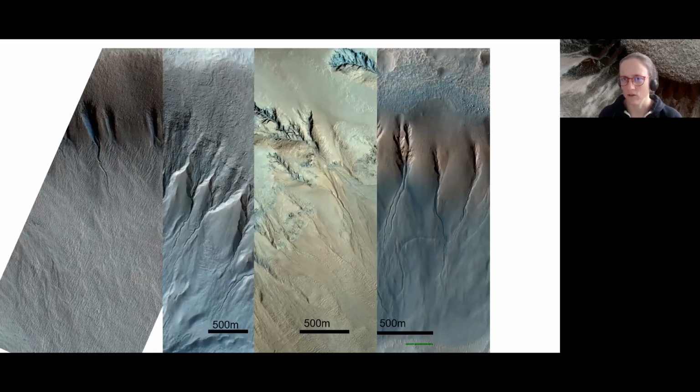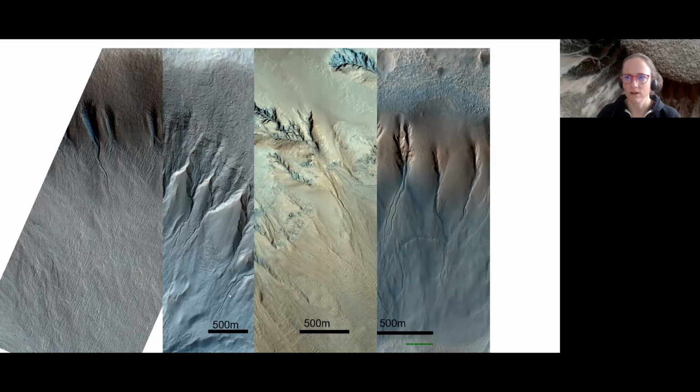Here are some more detailed images of what they look like on Mars. So what are we looking at? We're looking at systems that have a series of tributaries that lead downslope into a channel or multiple channels, and those channels have a fan deposit or debris apron at the end.